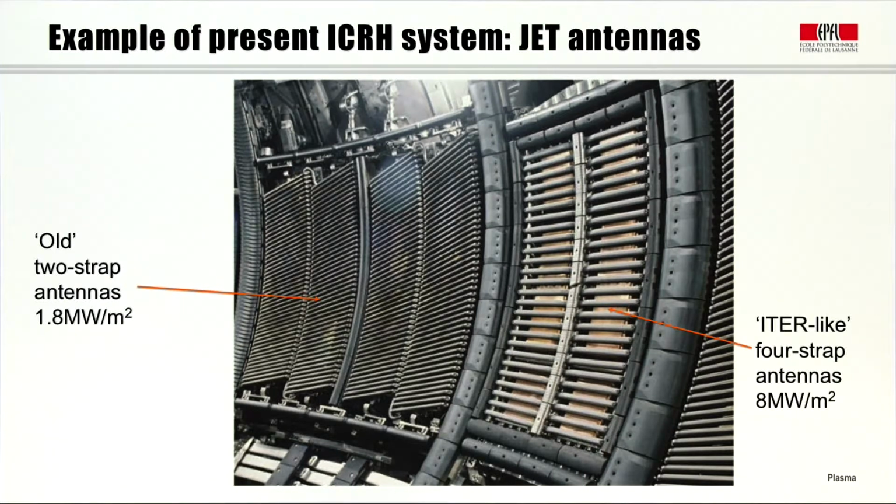One of the issues of the antennas in the tokamak is the question of impedance matching. Of course, the impedance of the load has to be matched to that of the transmission line and the generator to optimize the power transfer.